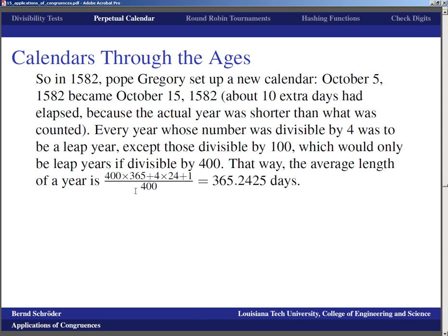The average length of a year would now be dealt with on a 400-year time span, and so you've got 400 years at 365 days each, plus you've got 4 times 24 leap days, right, from the leap years.